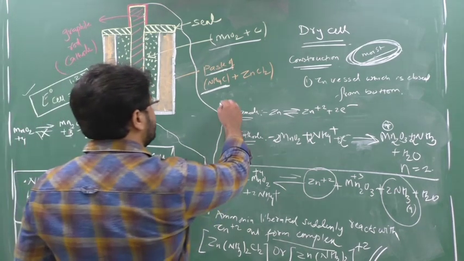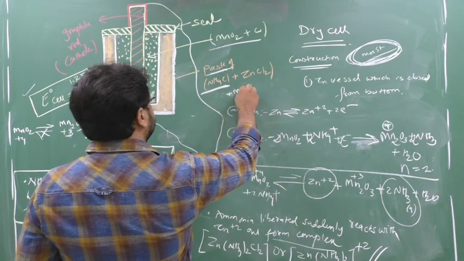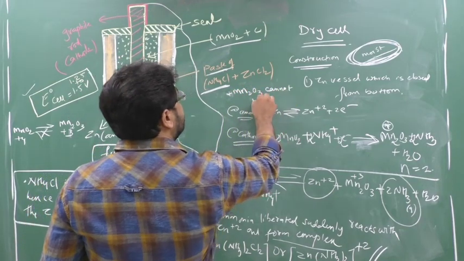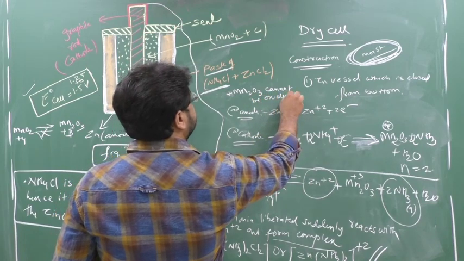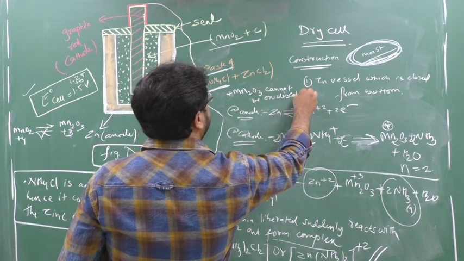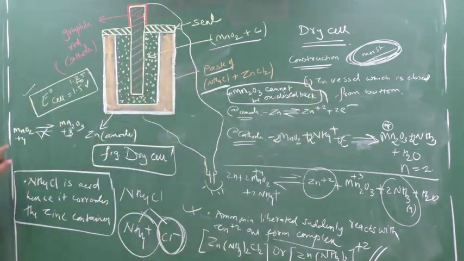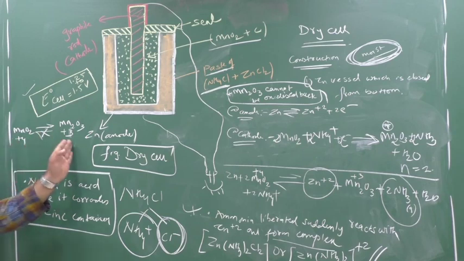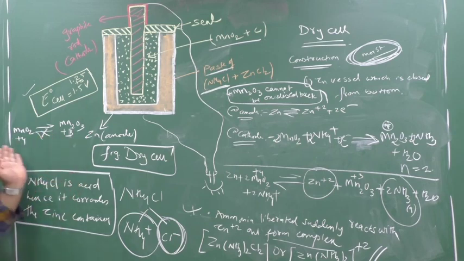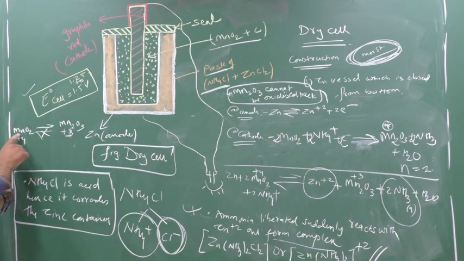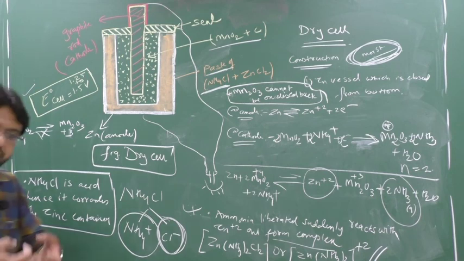Please remember one note here: Mn2O3 cannot be oxidized back. Means what happens here? MnO2 is having +4 and Mn2O3 is having +3. So from +4 to +3 they can go, and they can give the current. During the process of MnO2 going to Mn2O3, I am getting the current.